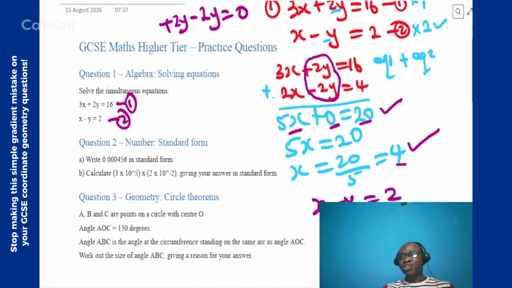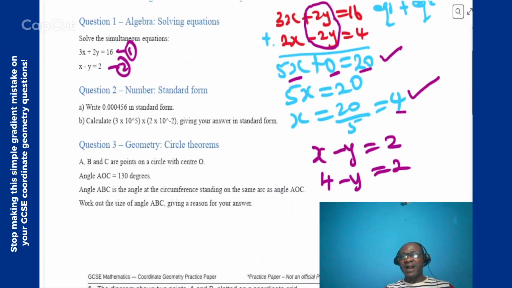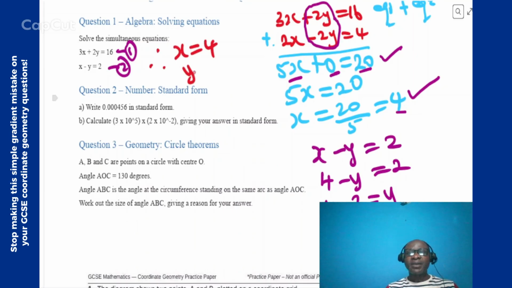Meaning that to get the actual value of y, I will write 4 minus 2 is equal to y. I will take minus y to the right and then take 2 from the right to the left. It becomes minus, making the value of y to be 2. In conclusion, our answer here is x equal to 4 and y is equal to 2.